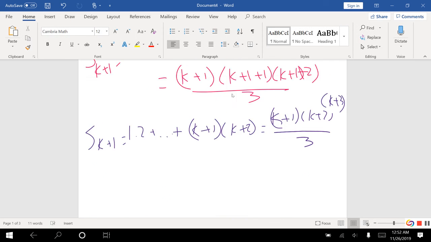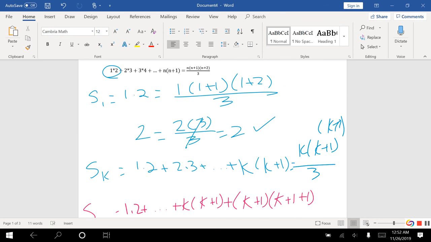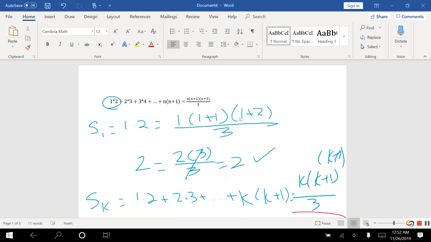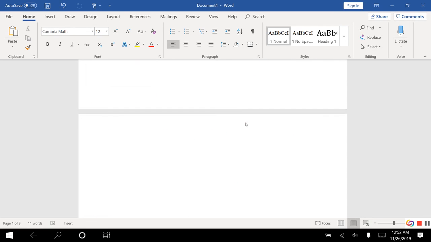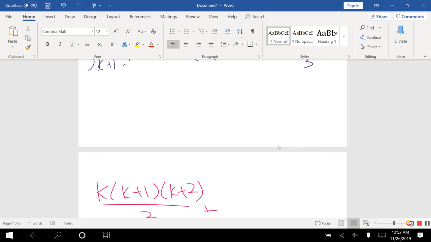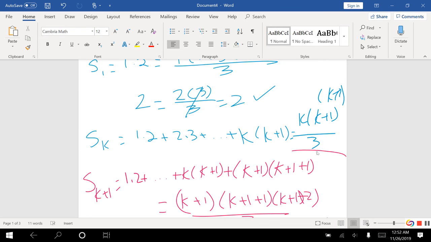So what I'm going to do is take my original one, this one right here, but in terms of k. So I'm taking that first step. So I have k times (k plus 1) times (k plus 2) over 3. Okay, so this was my original answer here.